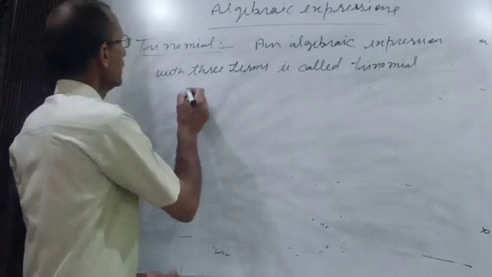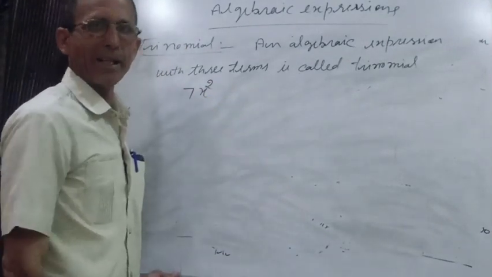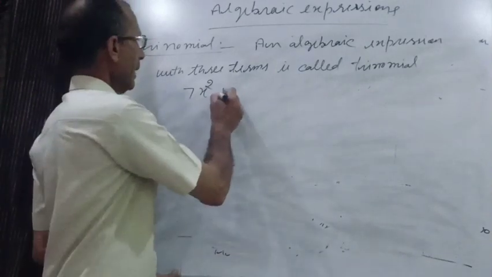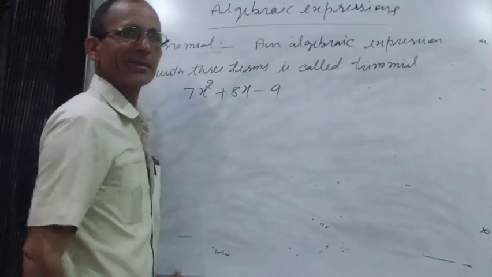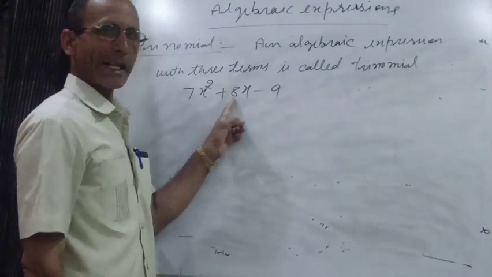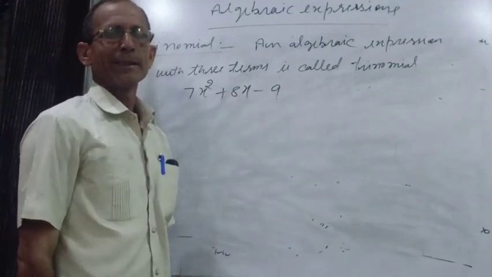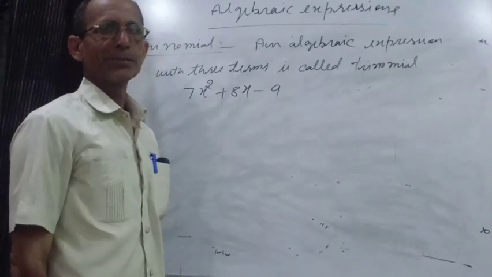For example, 7x square plus 8x minus 9. There are three terms: 7x square, 8x, and minus 9. So this is a trinomial. Understood?